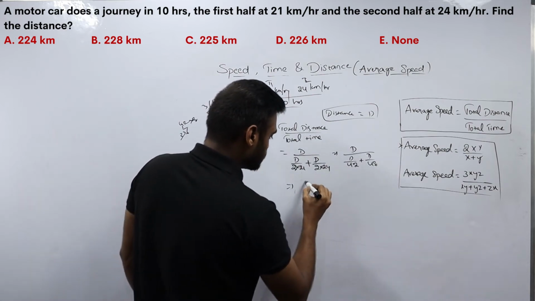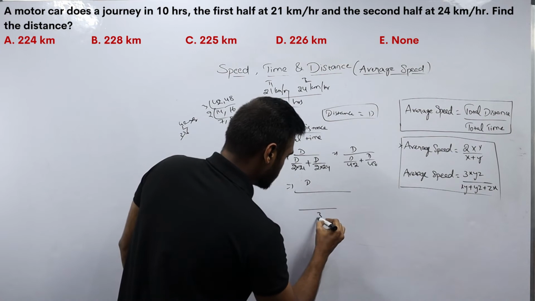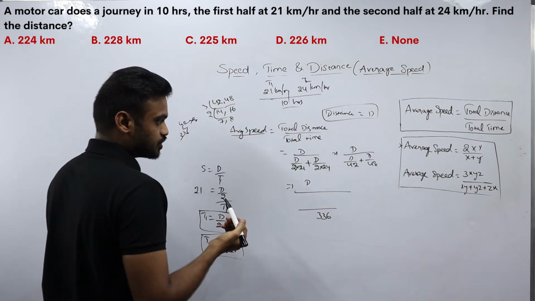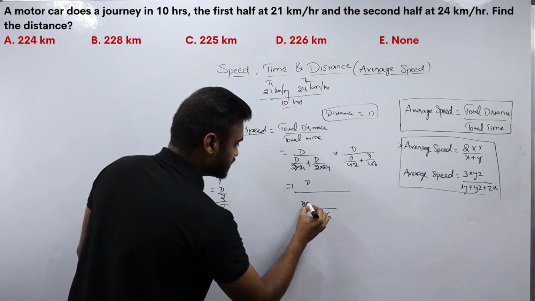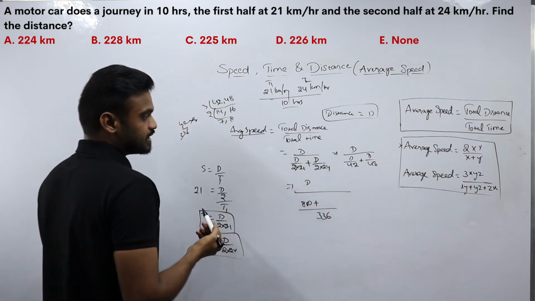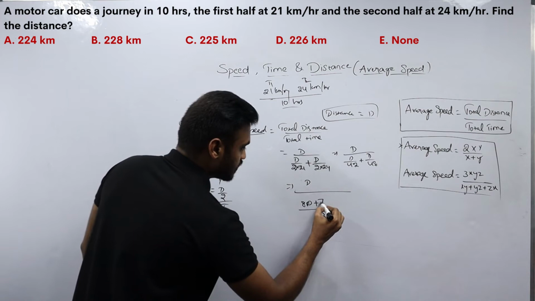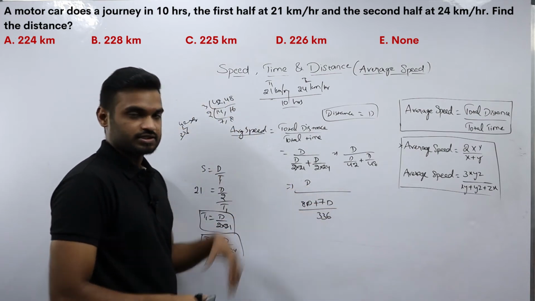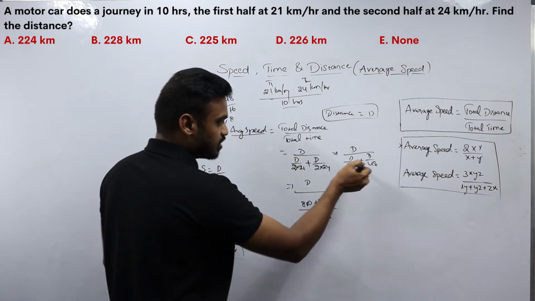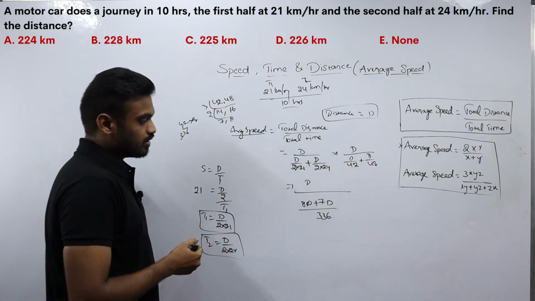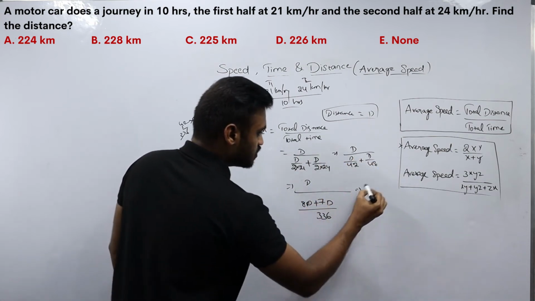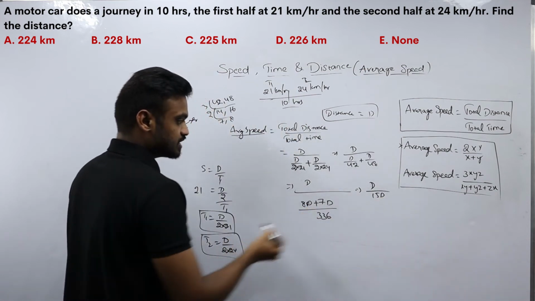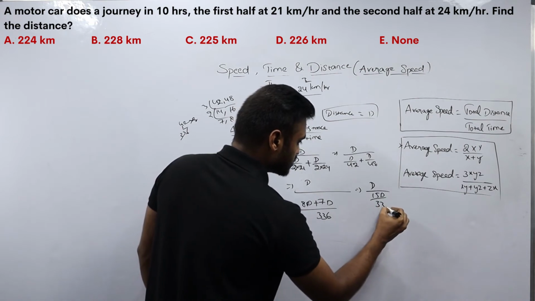So the LCM will be 336. Here d by 42 becomes 8d and d by 48 becomes 7d, so I get 8d plus 7d by 336. Here 336 is the LCM of 42 and 48. Now we get 8d plus 7d, that is 15d by 336.